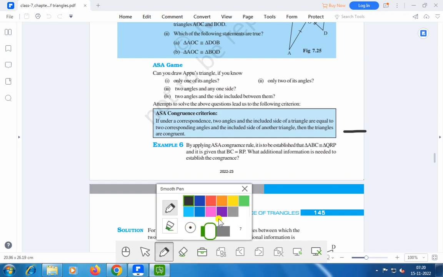Suppose there are two triangles like this. One is like this.